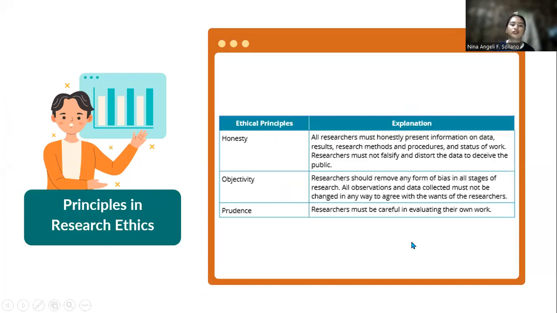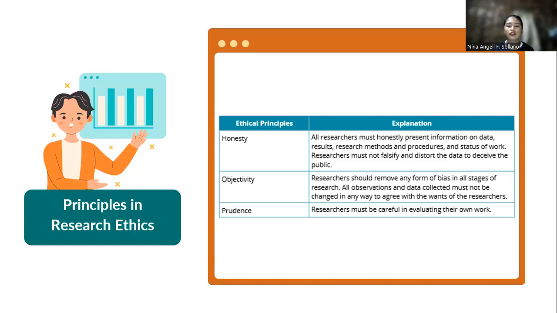Now let's move on to the principles in research ethics, or the ethics in research. Remember, this should be you as the researcher. This is your qualities as the researchers. So first we have honesty. Of course, at all times, honesty is the best policy.